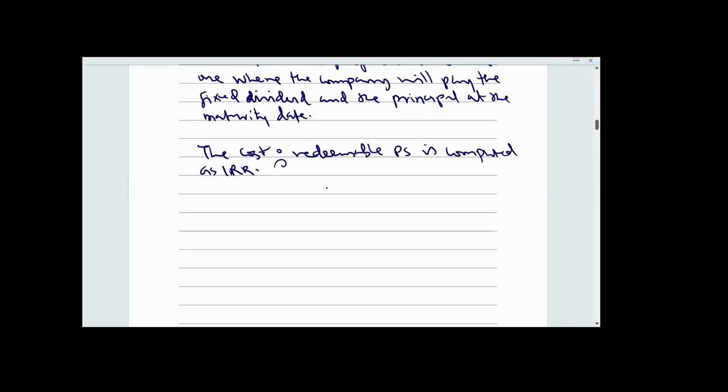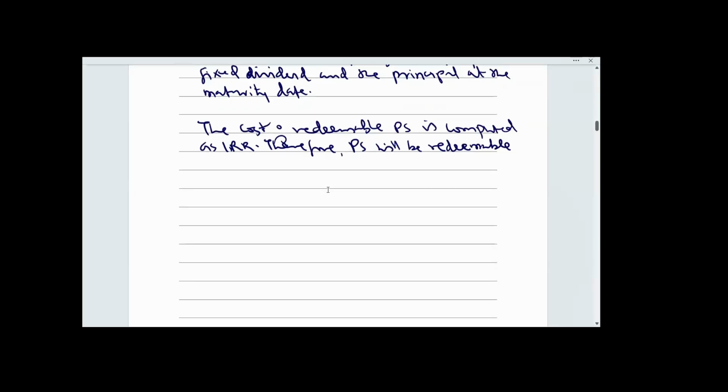Therefore, preference share will be redeemable if the redemption dates or maturity dates are given.